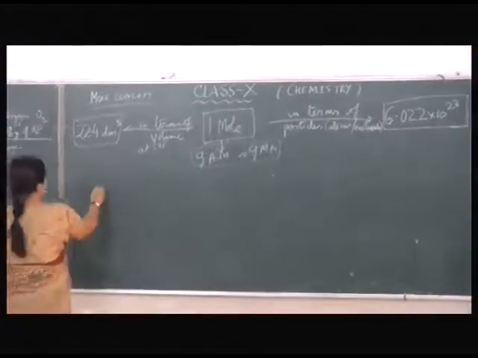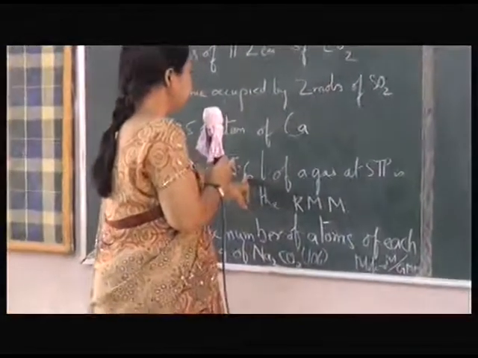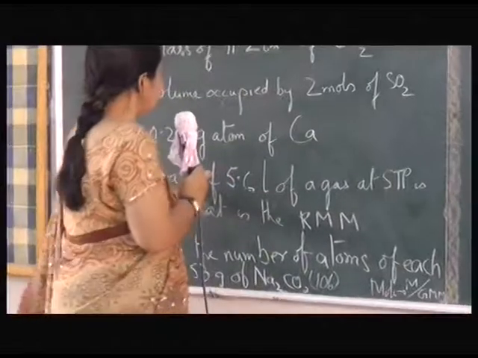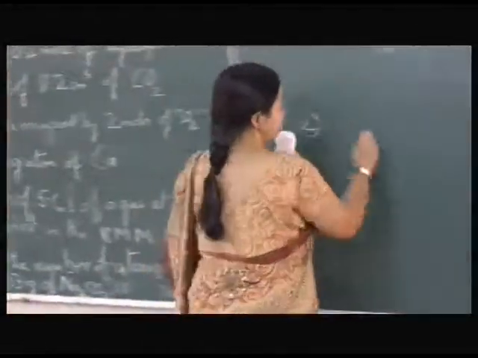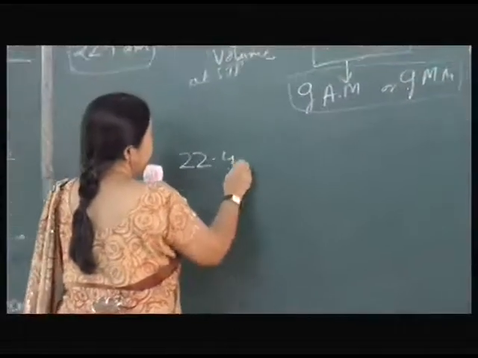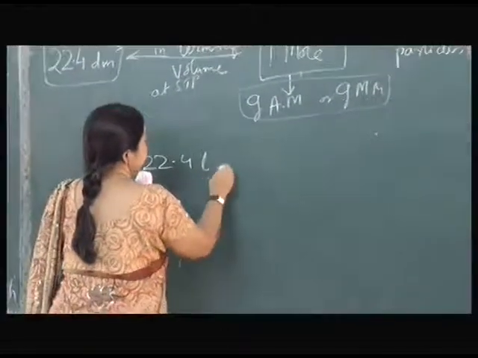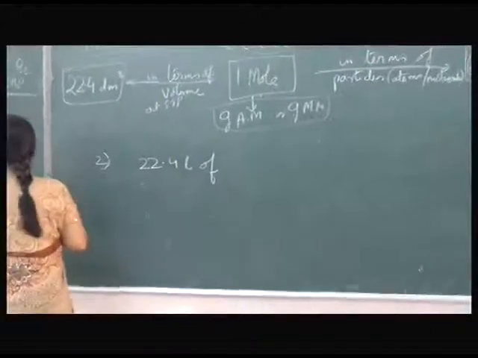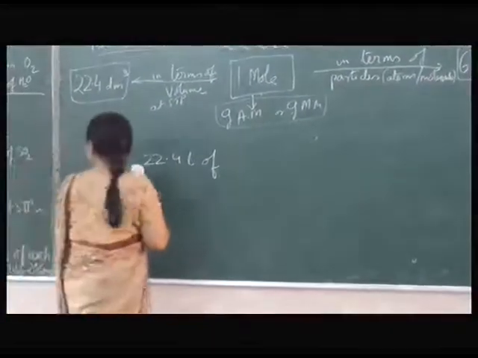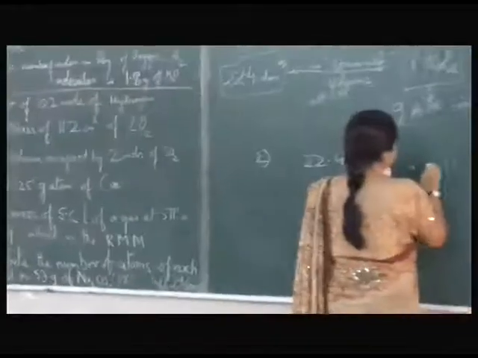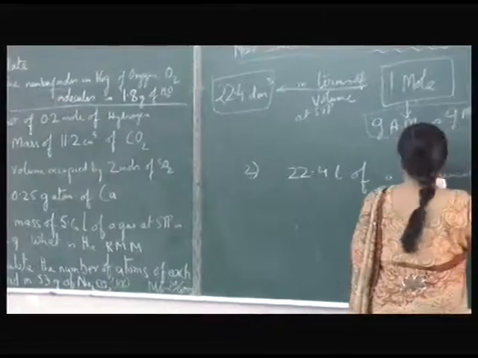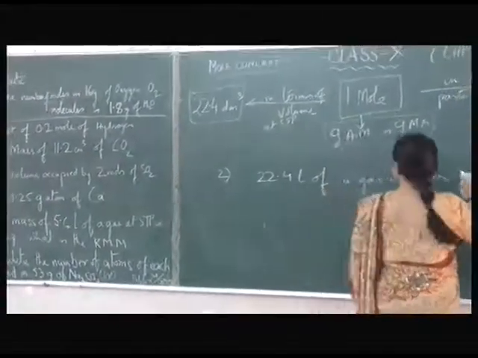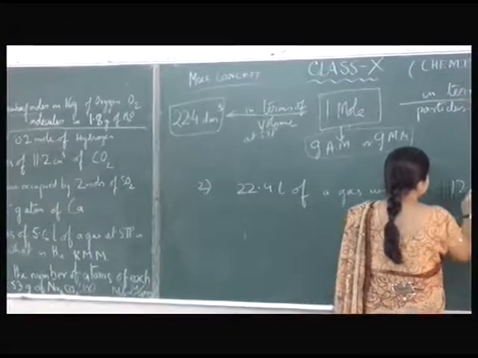Question number 2 now. 5.6 liters of the gas. What you have to find is the mass, so mass we keep on the right hand side. 22.4 liters of a gas weighs, now all this is at STP, only 22.4 liters of a gas weighs 12 grams.